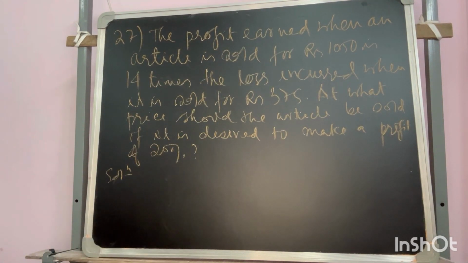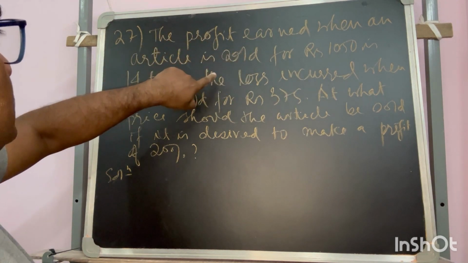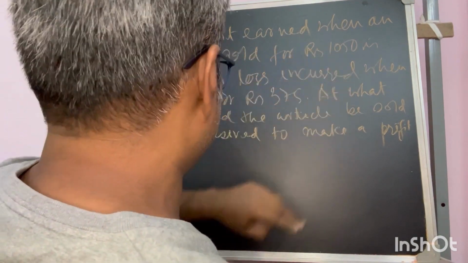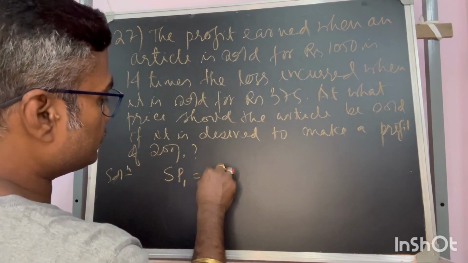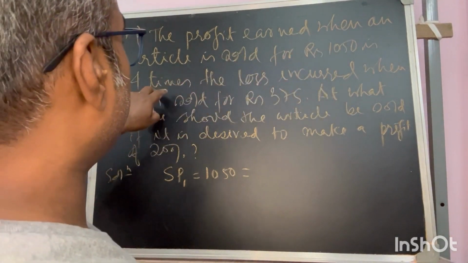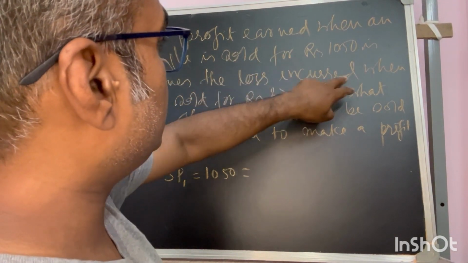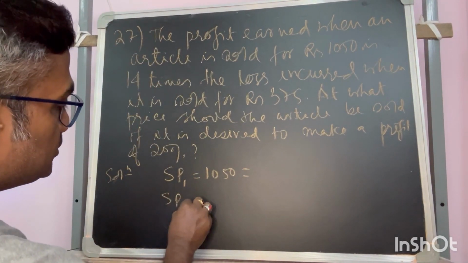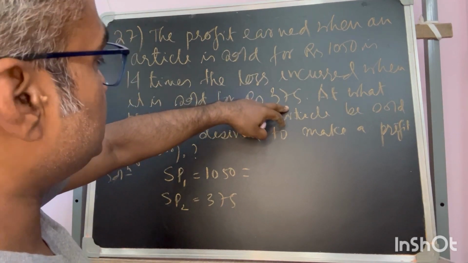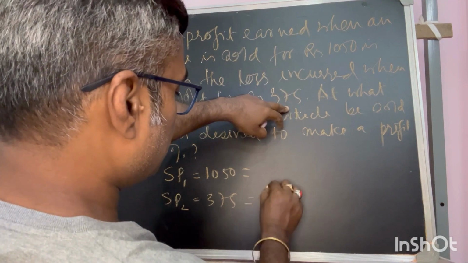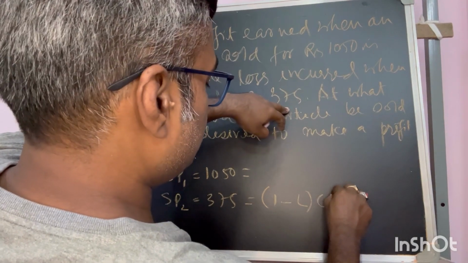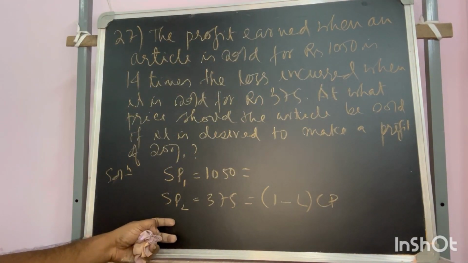So initially the profit was, so the profit earned when an article is sold for rupees, the first selling price is 1050, so that must be equal to 14 times the loss incurred when the second selling price SP2 is 375. For the second case, when it is sold at 375, he makes a loss, so that means 1 minus loss into the cost price, let's say CP, since the cost price is not known.